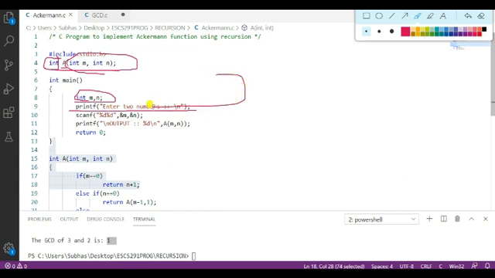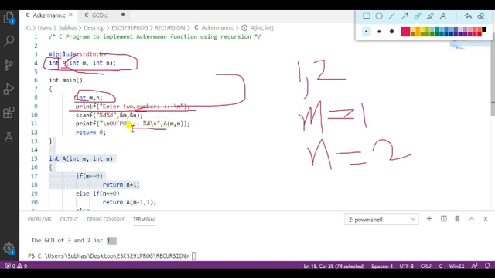So when the two numbers are entered, one value is assigned to m. For example, I give the input 1, and the other input is 2. That means it will assign m equal to 1 and n equal to 2. Then I will call this function with m equal to 1 and n equal to 2.